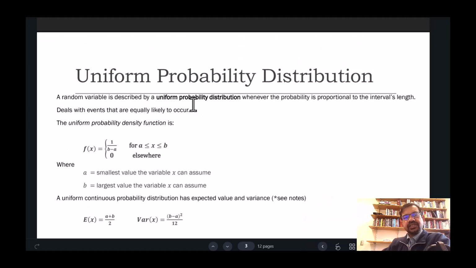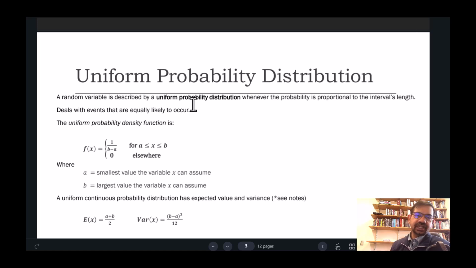The first probability distribution of the continuous kind we'll look at is the uniform probability distribution. A random variable is said to follow the uniform distribution whenever the probability is proportional to the width of the interval within which that value occurs.